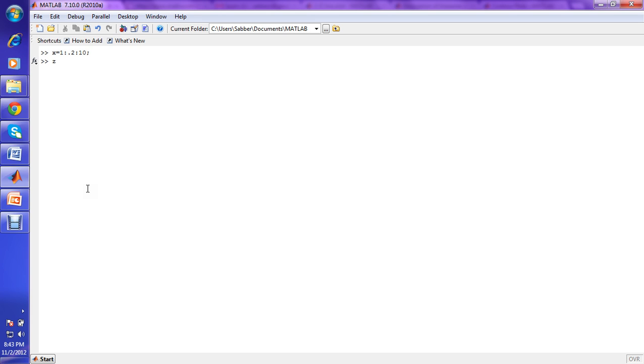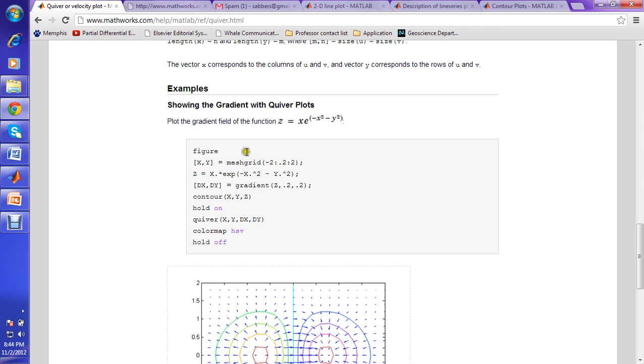So g equals x dot times exp of minus x dot power 2 minus y dot power 2, okay, and we'll get a function here.